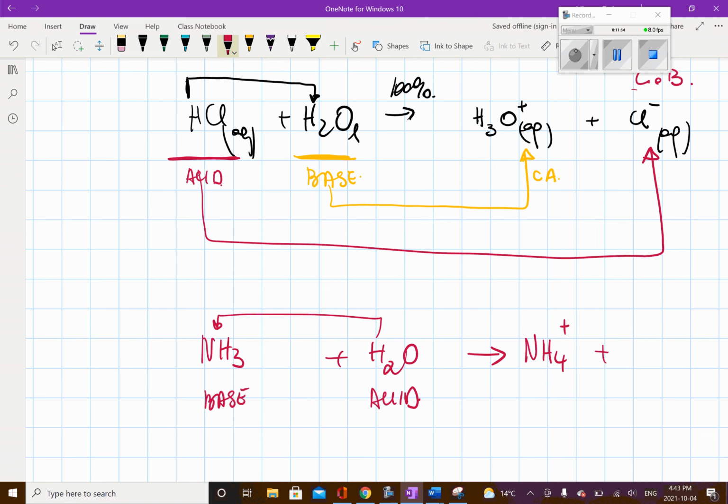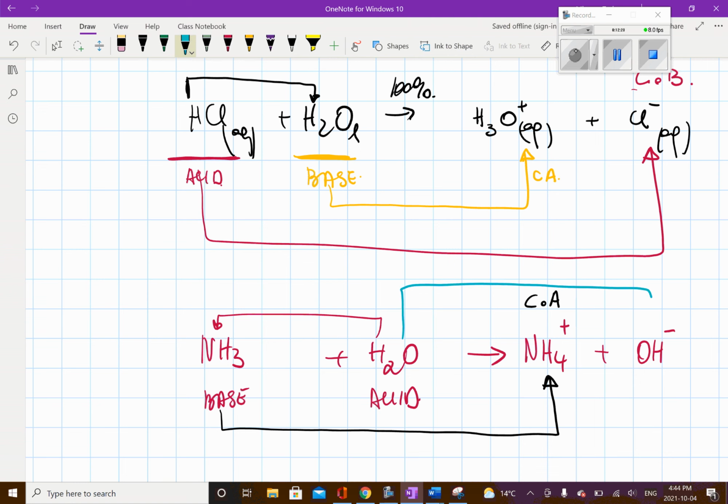And then what is left is hydroxide. So the base, by accepting one hydrogen, becomes a conjugate acid. And the acid, by donating that hydrogen, becomes a conjugate base. So base becomes a conjugate acid, and acid becomes a conjugate base.